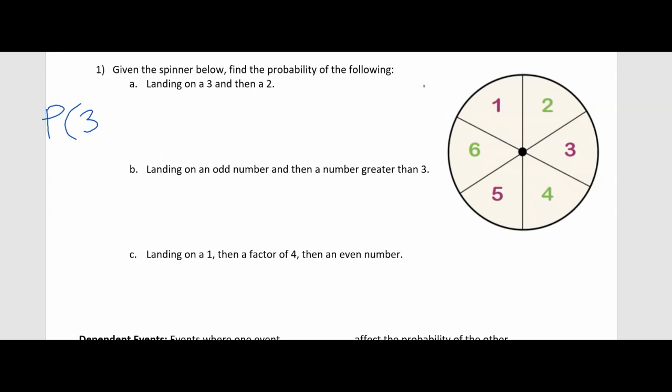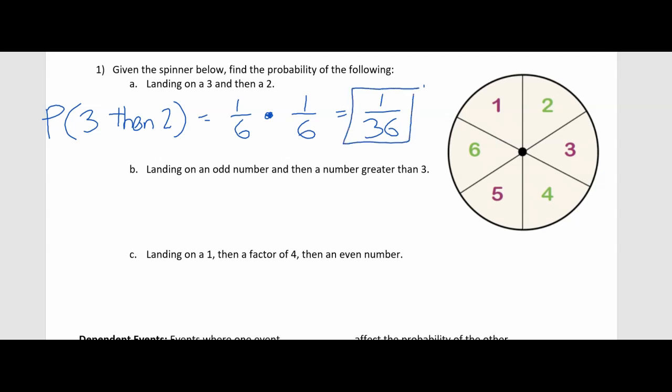The probability of 3, then 2, is going to be equal to 1 out of 6. That's the probability of landing on a 3. Times the probability of landing on a 2. Well, that's also 1 out of 6. So we get 1 out of 36 as our probability for both of those happening.